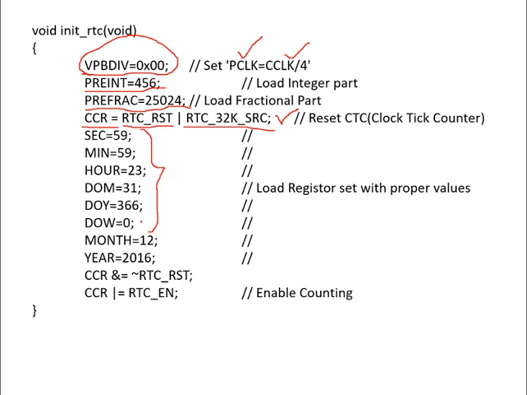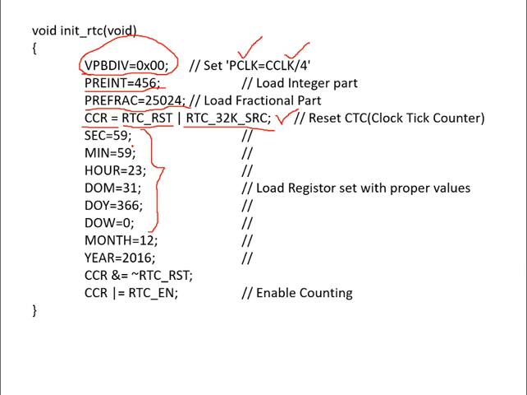So what values have we set there? Seconds is equal to 59, minutes is equal to 59, hours is equal to 23, day of the month is 31, day of the year is 366, day of the week is equal to 0. Means when the first count comes, it will immediately reset.